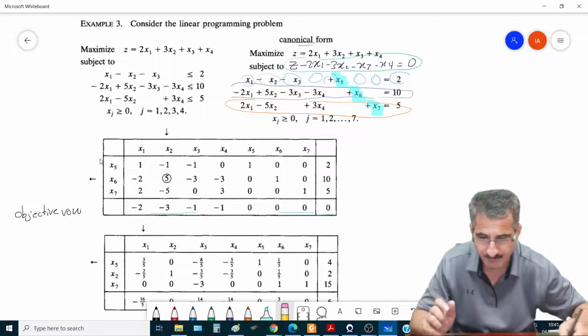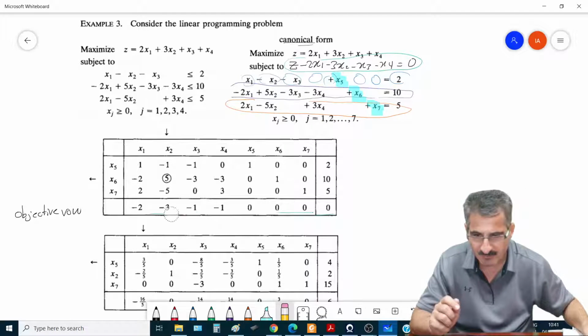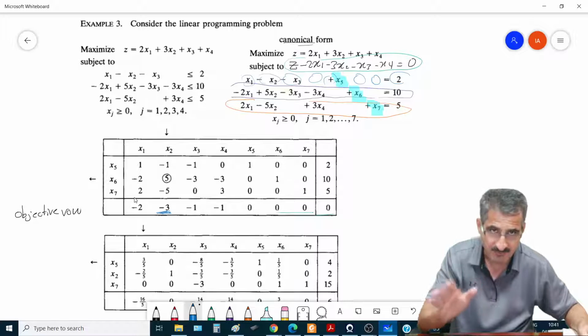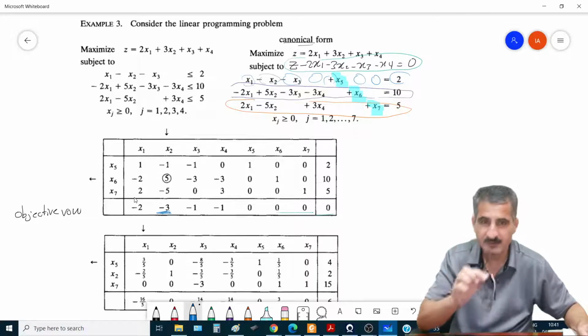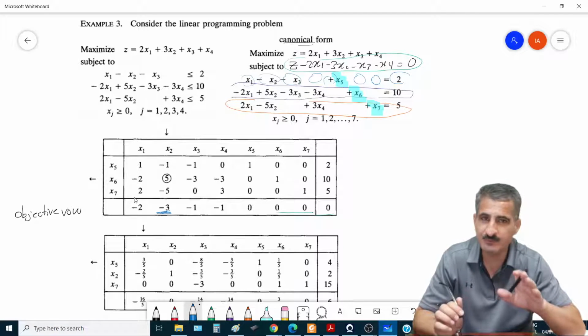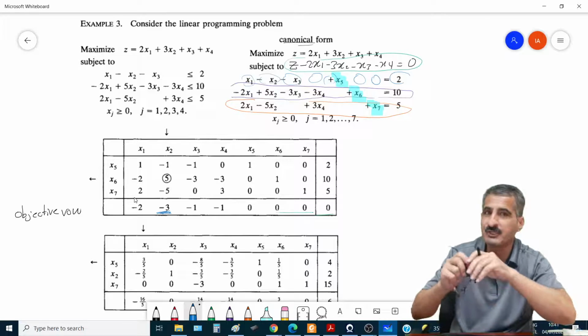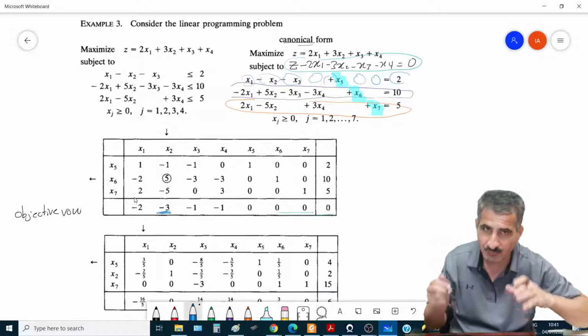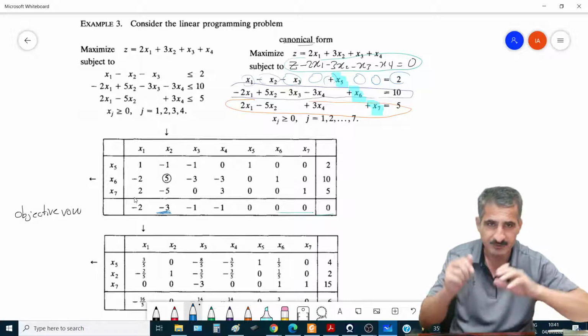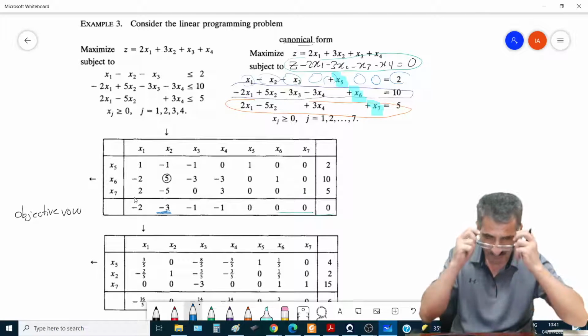How do we do so? Again, we go to the smallest negative value in the objective row, and then we keep doing so till the objective row has no negative values. Then we are done, if this works.